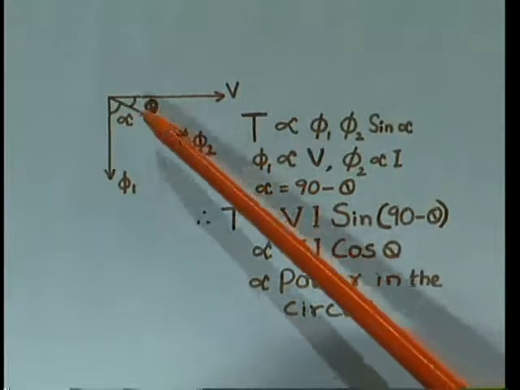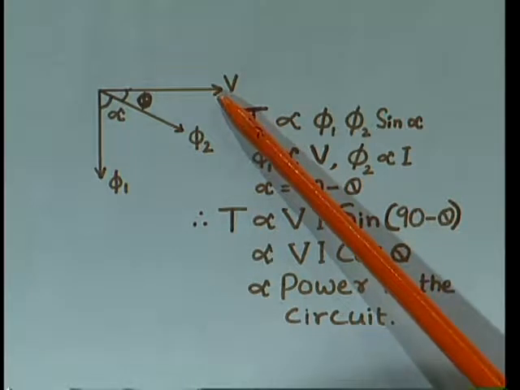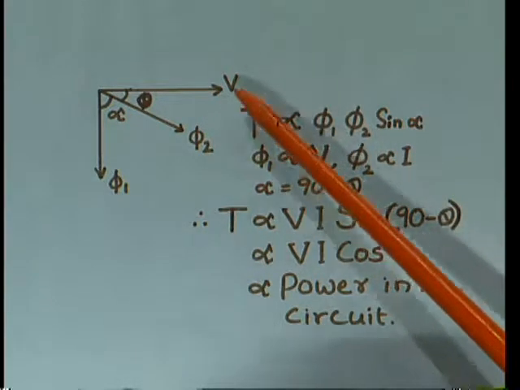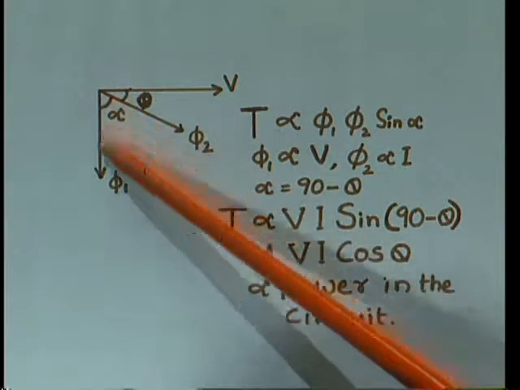So in this situation, these power relays are not suitable for short circuits, because you can see the vector diagrams of the directional power relays like this. Here is the voltage applied to the circuit to be protected through a potential transformer, and here is the flux phi 1.